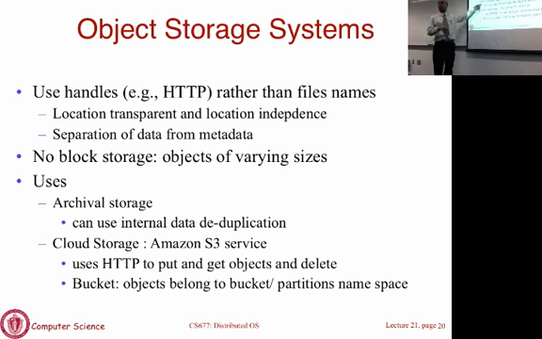That's one way to do archival. In that case, you can do internal optimizations like data deduplication, because you're not storing individual blocks, you're storing entire objects. There is a great deal of flexibility in how you store that data. If you have two blocks that are the same, rather than storing two copies, you store one. Two files that are the same, you can also store one. All these optimizations can be performed.